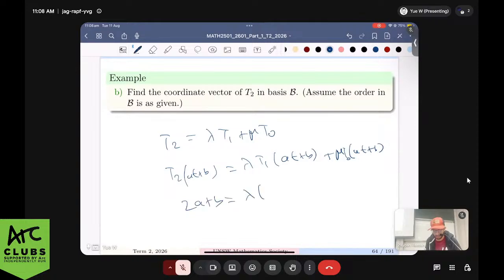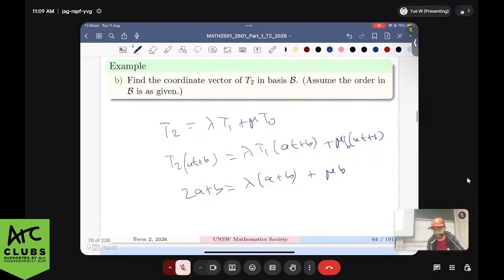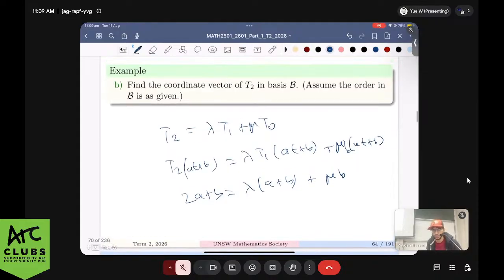T1 is a plus b, and this one was just b. So we want to find lambda and mu such that this holds for all a and b. Technically we can't choose a and b to be anything. This is for any arbitrary a and b. We need to find lambda and mu such that this works.